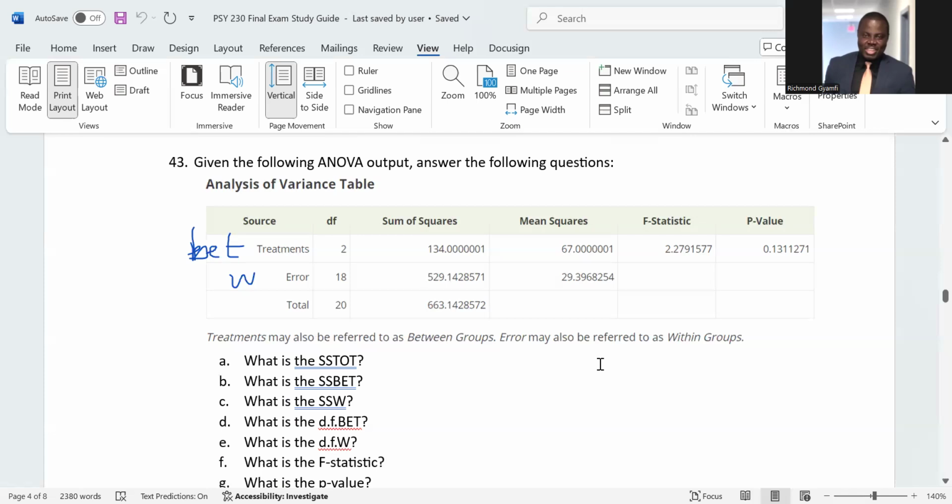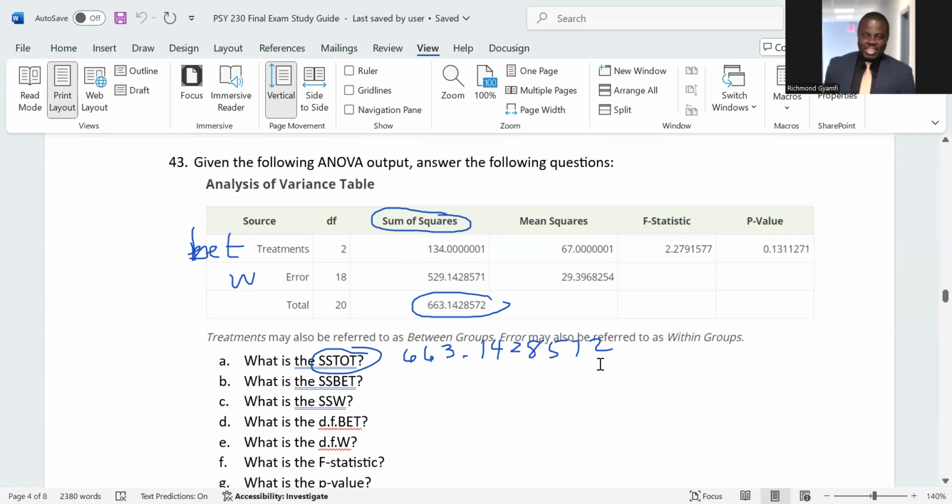Now let's start with the first one. What is sum of squares total, SS total? That is 663.1428572. What is SSBET? 134.00001.